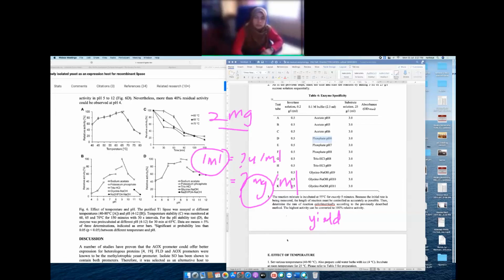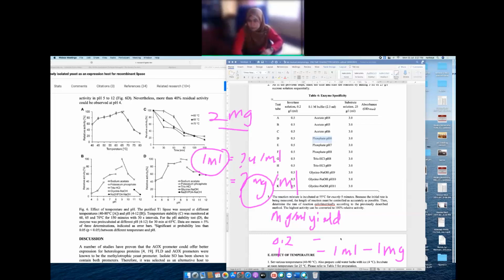I mean the protein amount, the milligram, that you got for me is about 0.2 milligram per mil. So what happened to the second batch? Maybe you will get 1 milligram per mil. So if 1 milligram per mil, you took out 1 mil, that means you have taken 1 milligram.